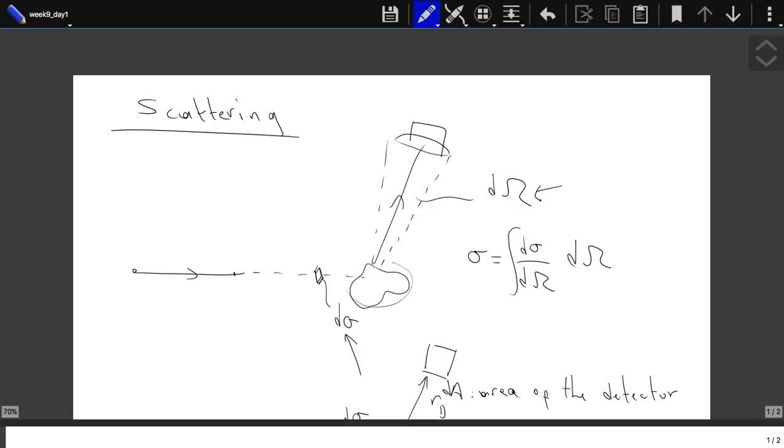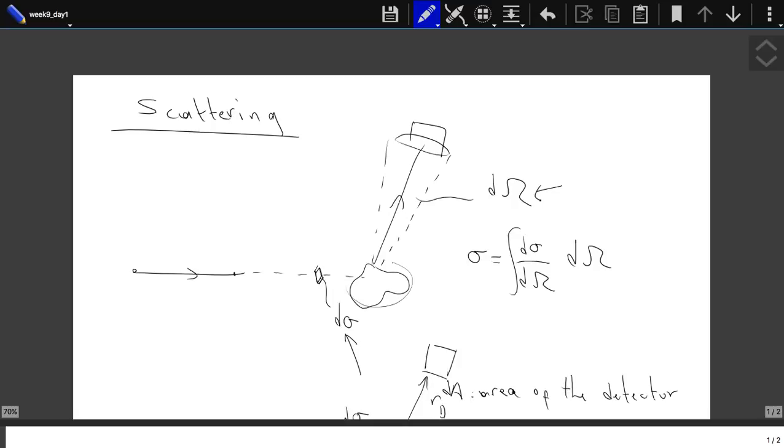That is how we define the scattering cross-section, or differential cross-section. It is the actual physical area that, if you can aim your particle within it, will scatter into your detector.